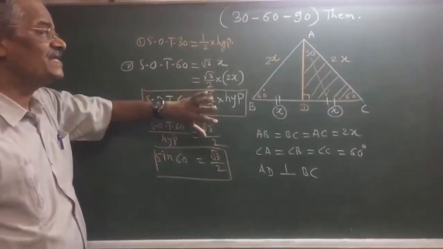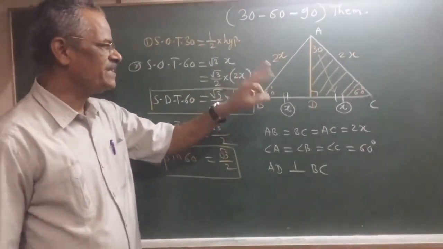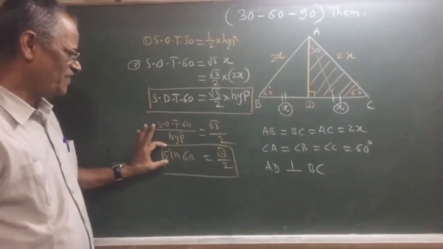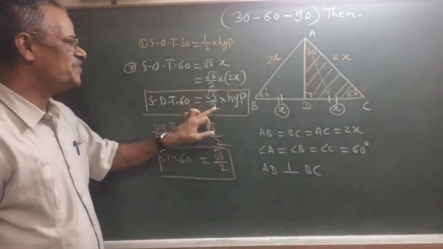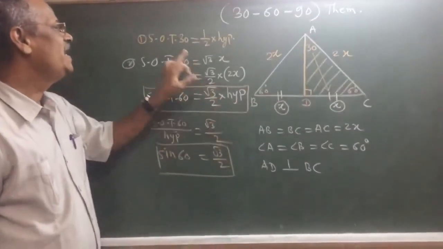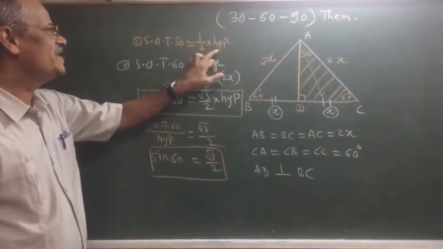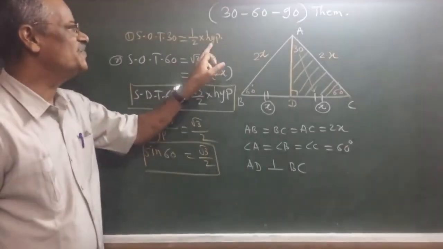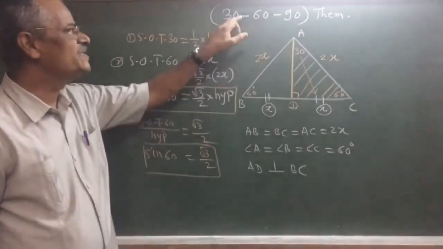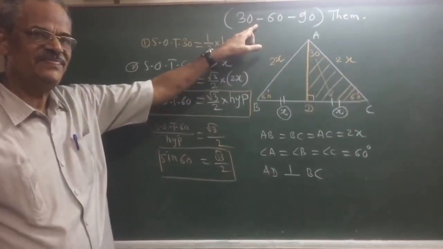Try to understand this relation. By using Pythagoras, we can find out the side opposite to 60 is root 3 upon 2 into hypotenuse. And by using the property of the equilateral triangle, we can find out the side opposite to 30 is 1 upon 2 into hypotenuse. So this is a very important theorem. Try to study this theorem.